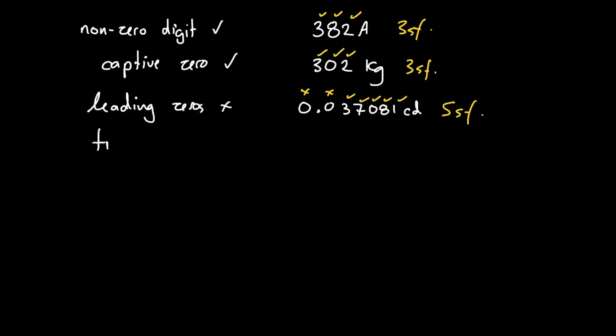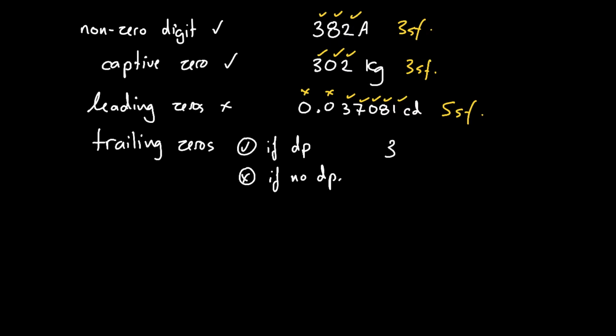And then the last place you can have zeros is at the end, and that is called a trailing zero. Trailing zeros may or may not count. They count if there's a decimal point. They do not count if there is no decimal point. So an example would be something like 300 or 3080 versus 30.80.